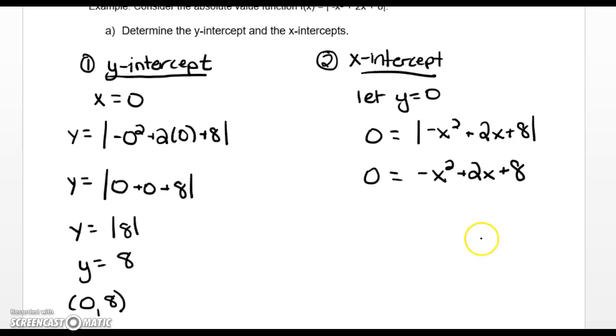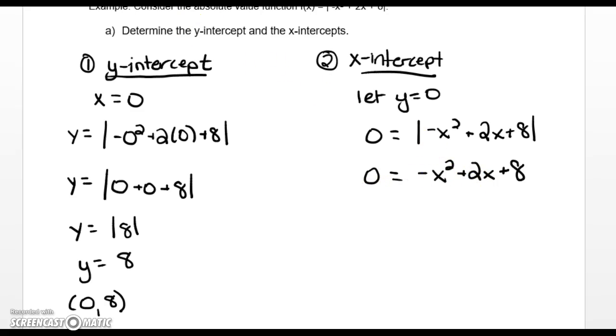So from there, now we have a trinomial here, so there are a couple of different things that we can do. You can either factor this equation, or you can also use the quadratic formula. But in this case, it would just be easier to use factoring. And here we have an a value of -1. If you want to use our shortcut, all you have to do is move everything over to the other side.